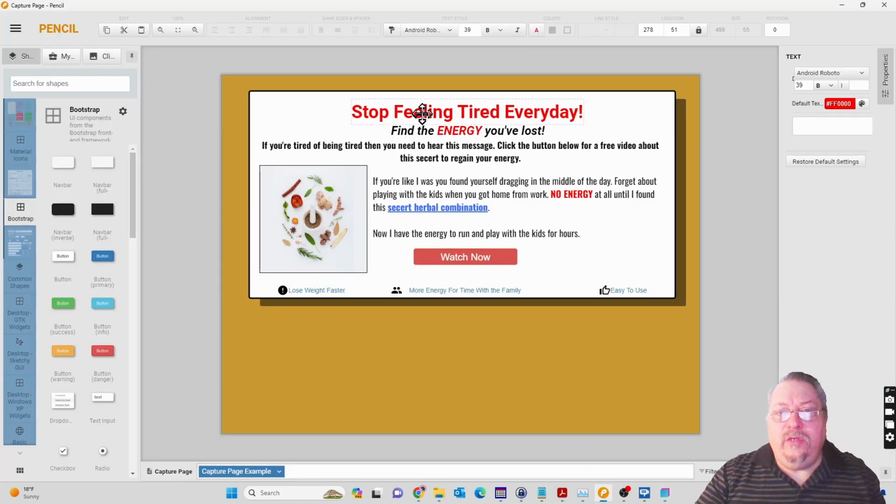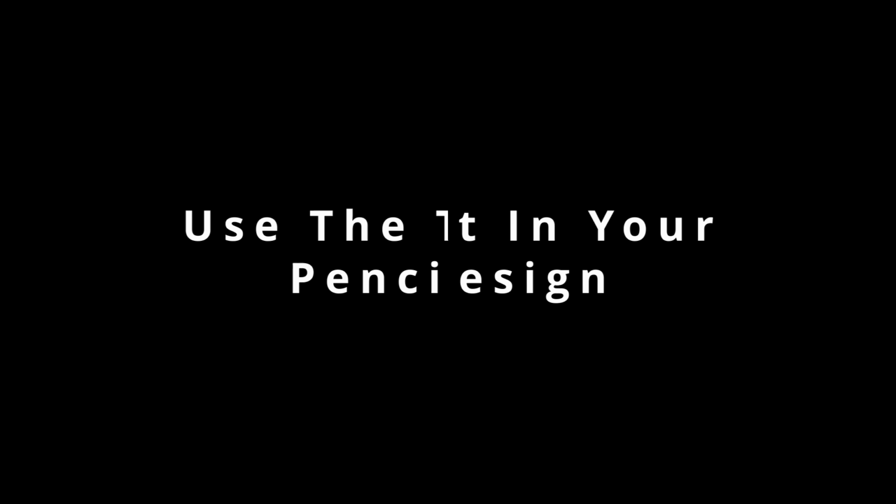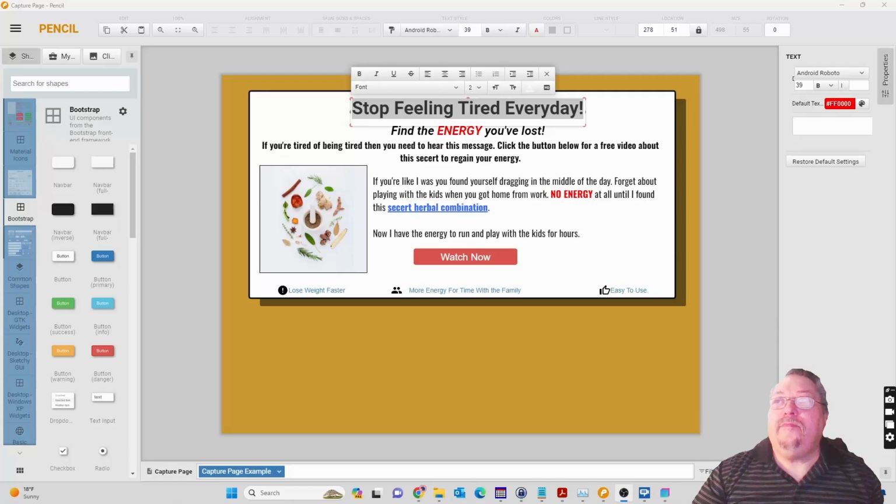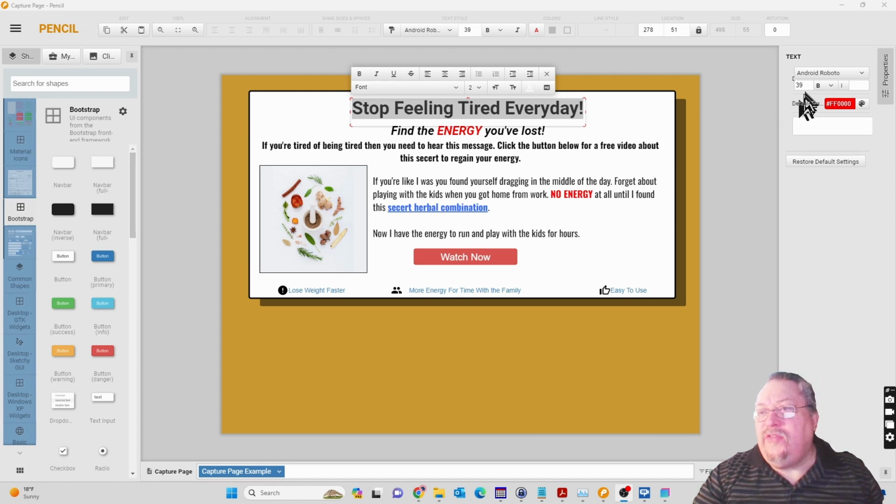We want to actually grab. Okay, so we're going to come in here and select this words, the verbiage that we've already put in. We also would like to look at the size. This is 39.